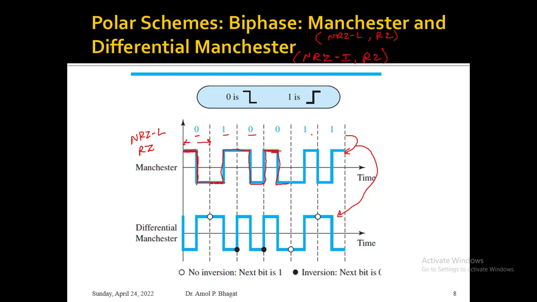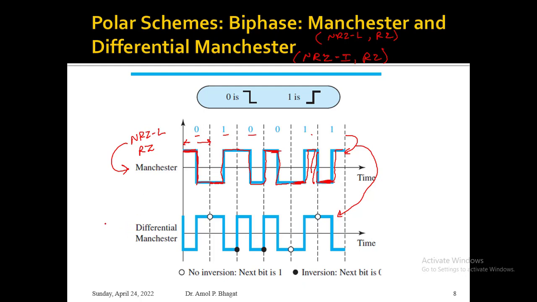The next bit is 1, represented using negative voltage, and again the signal returns to 0. The next bit is again 1, again negative voltage, and the signal returns to 0. So this is how NRZ-L and RZ schemes are combined in the Manchester line coding scheme.